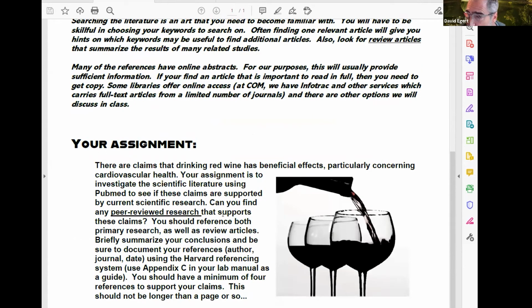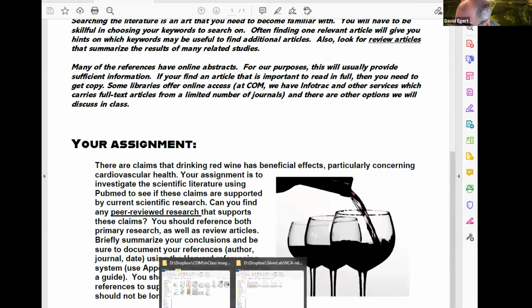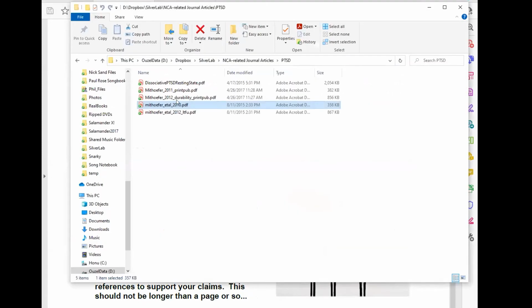This is not your assignment. This was the assignment from before, where you look at red wine, people say it's good for cardiovascular health. You're supposed to use, so that is not yours. Yours, I got a new one for you. Let me find it. The HIIT one?